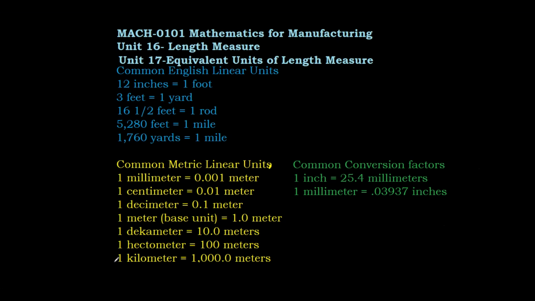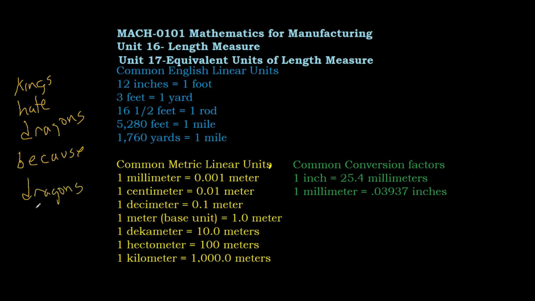And here is a mnemonic device that I was taught by one of my students when I was teaching math. He came up with this one: Kings hate dragons because dragons cost money.